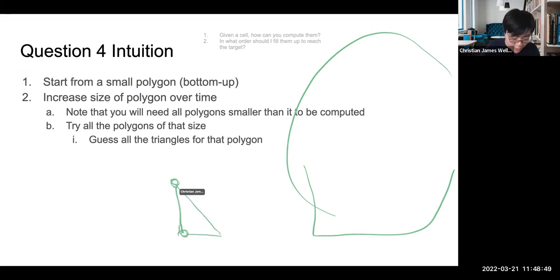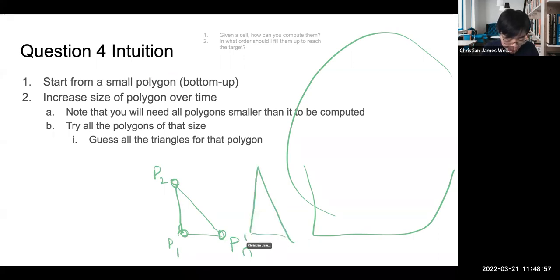What's the cost of solving this smaller triangle, P1, P2, and Pn, for example? Then I care about solving the next triangle, P1, P2, P3. So start from the small polygons and finish calculating all of them first.